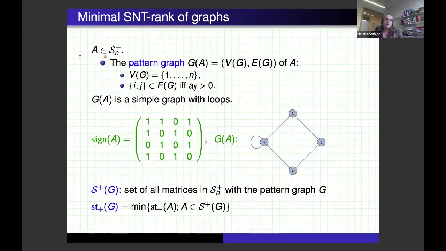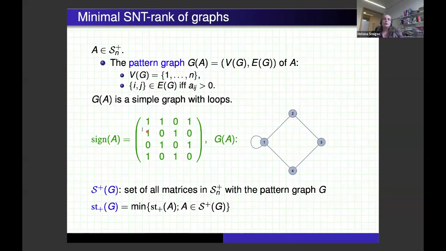So instead of the non-negative entries, we can restrict ourselves to 0-1 matrices. And we can record the pattern of these 0-1 matrices by graphs. We represent them with graphs where we have an edge in the graph if and only if Aij is positive.